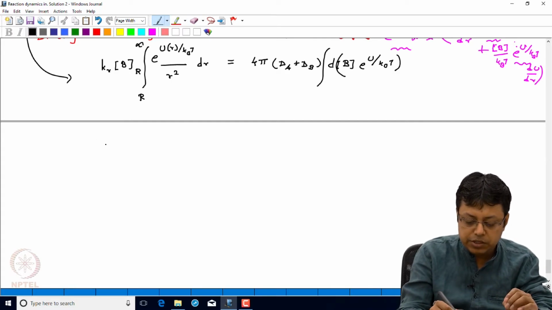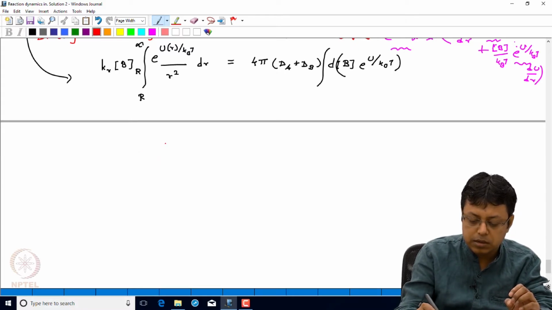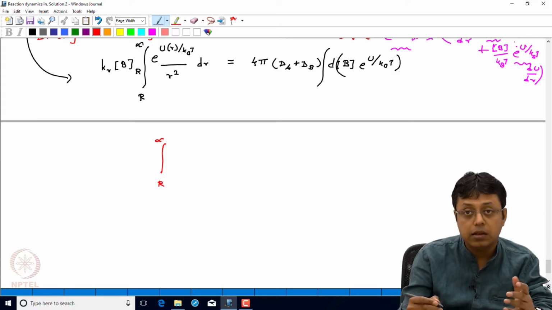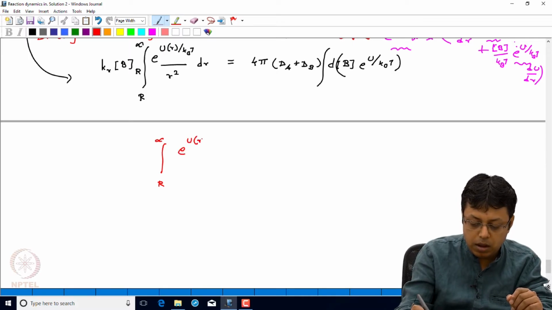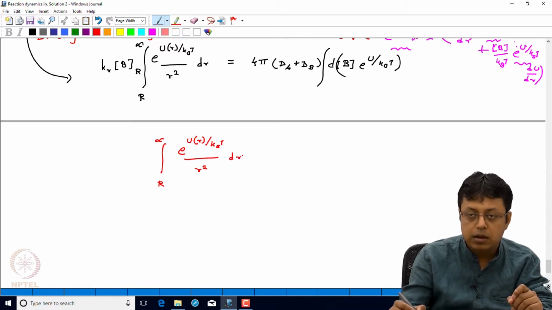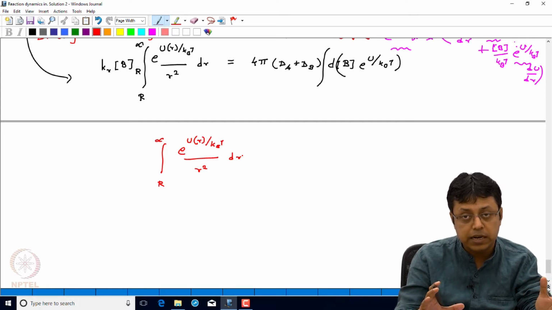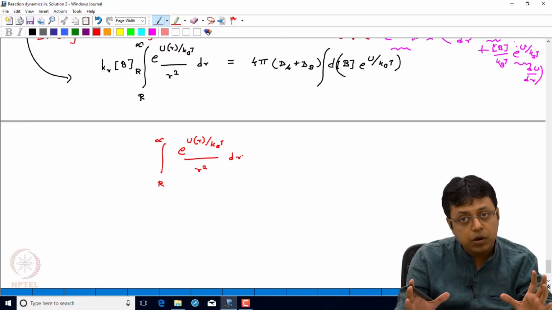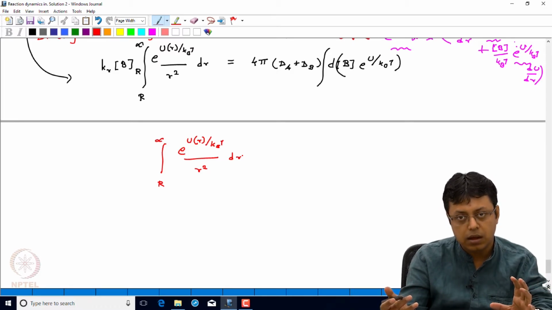So this integration I am defining as a new quantity. Suppose I call it the integral from capital R to infinity of e to the power u(r) by kBT divided by r squared dr. Remember that it depends on the nature of the potential energy we just wrote, but we do not know the explicit form of u, how it varies with small r.